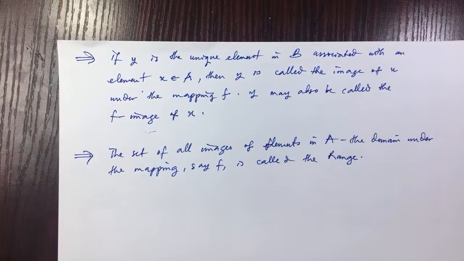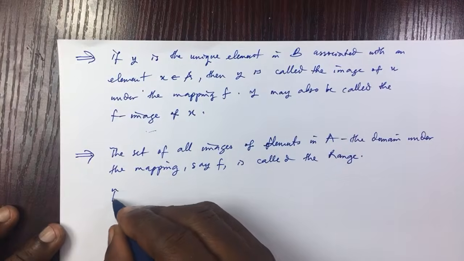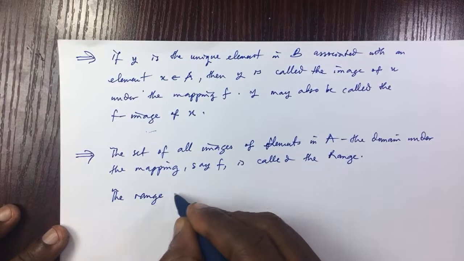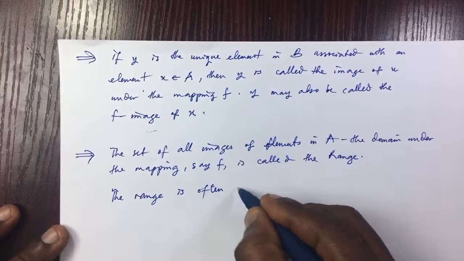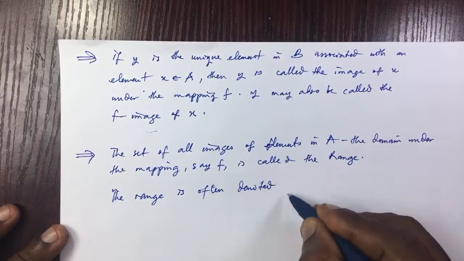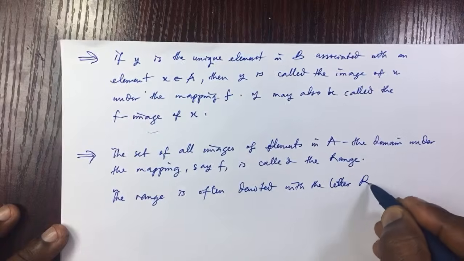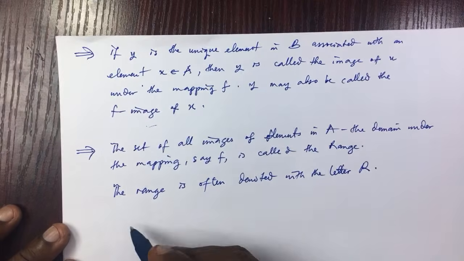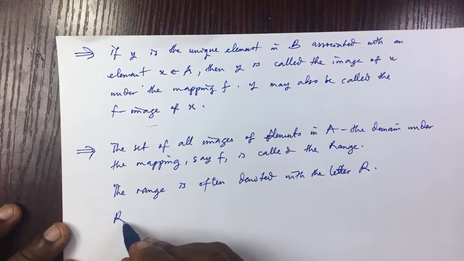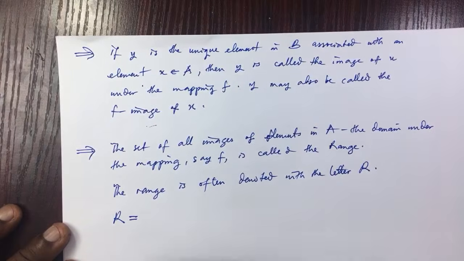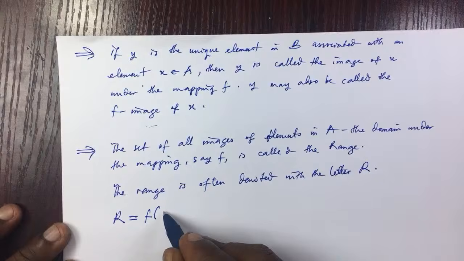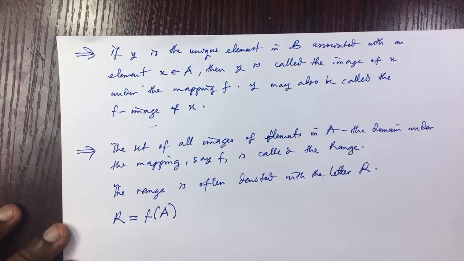Now, the question is, how do we represent the range? So I'm going to put here, the range is often denoted with the uppercase letter R. This implies that R, the range, is usually a function of the domain.